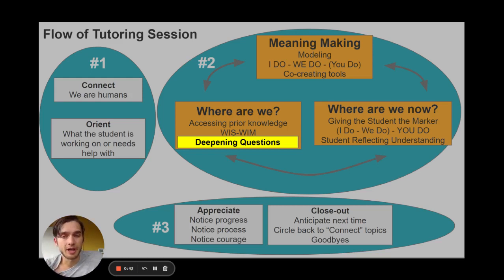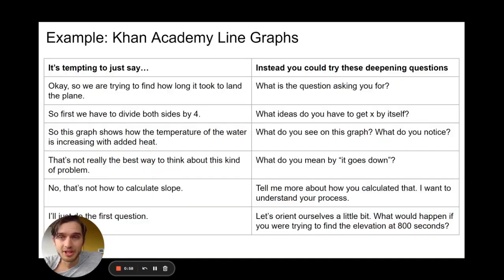I'm going to give you some non-examples and examples, and then I'm going to take you through a fabulous Khan Academy page to get your feet on the ground in a real example. We're about to look at a Khan Academy line graph. But this is the goal of what we want to do: shift from this first column and practice deepening questions, things that are more in the right column.